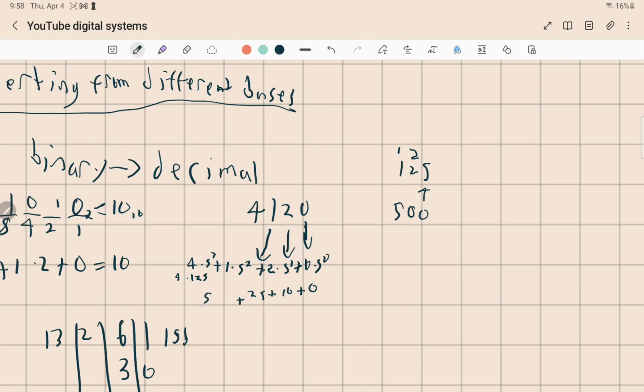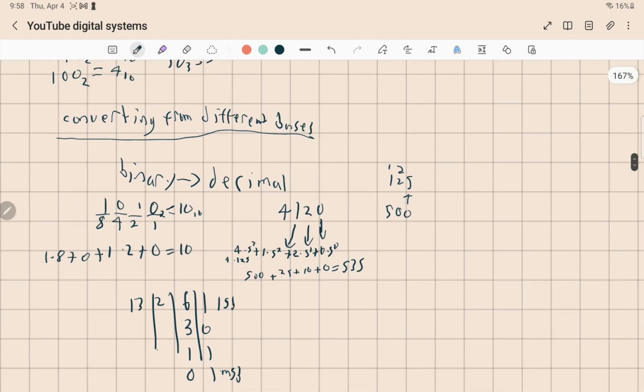Okay, so 500, so equals 535. So the answer is 4120 in base 5 is equal to 535 in base 10.